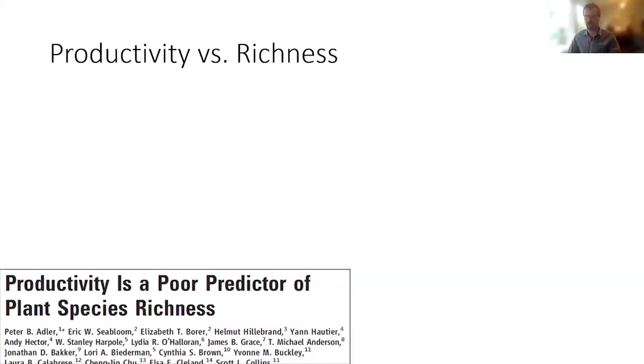So we use these data to look at things like, how does the productivity, how much plant material grows in a particular site, relate to how many plant species we find in the site? And this was one of our first papers that came out on this topic, and the take-home message is in the title. If you know something about how productive the site is, you really don't know anything about how many species that particular site would contain.